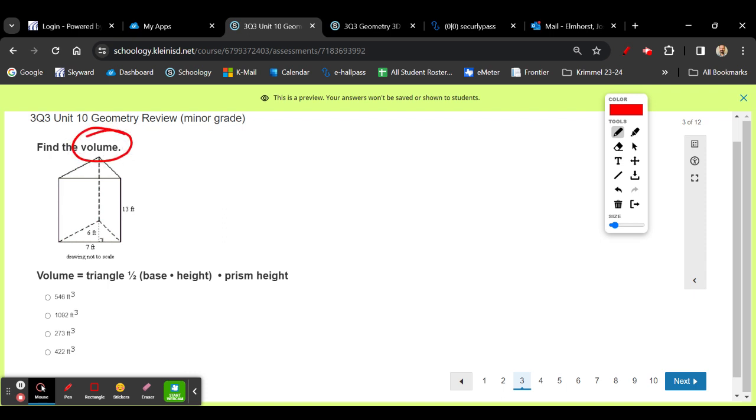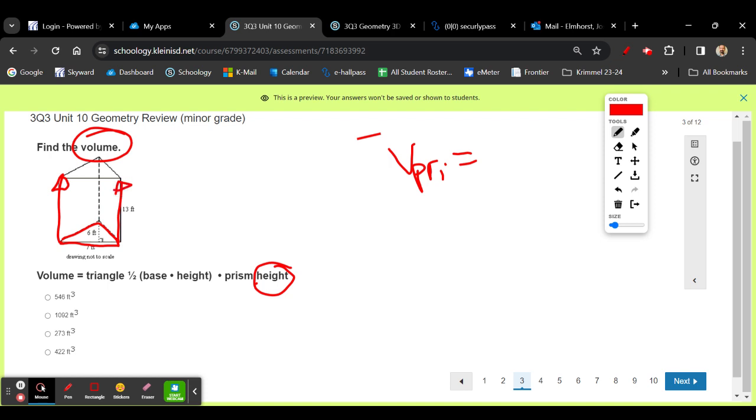Number 3, we're looking at volume. And the volume is a prism. Volume of the prism is going to be the base area times the height. We're going to fill it up.